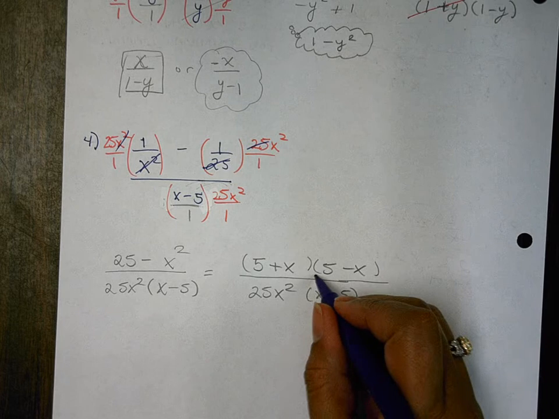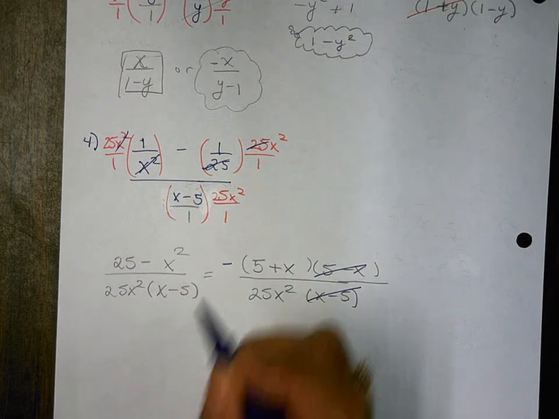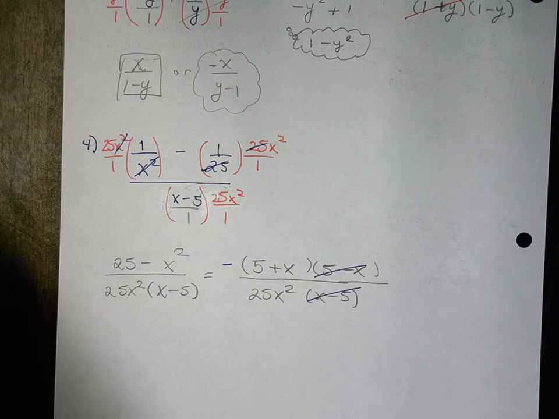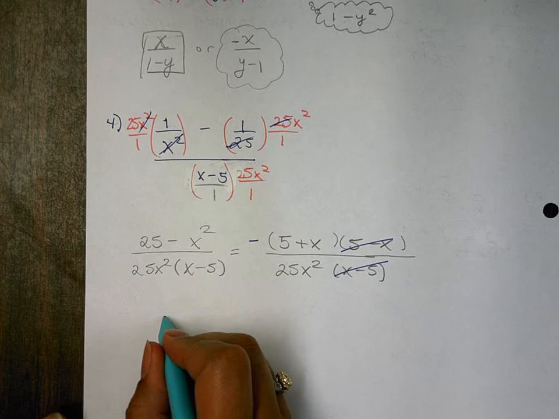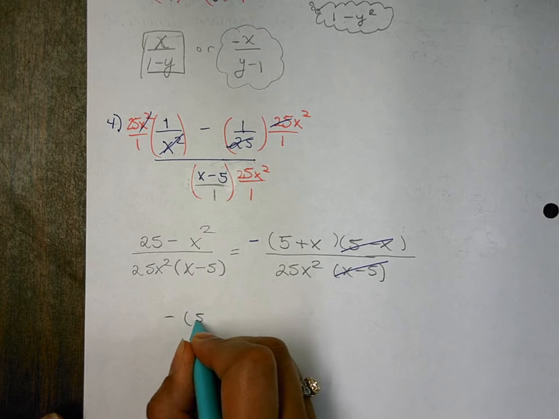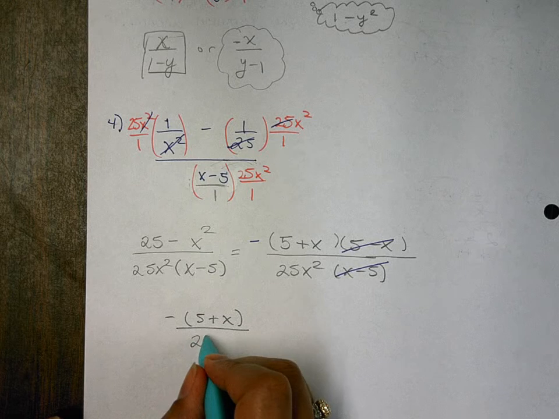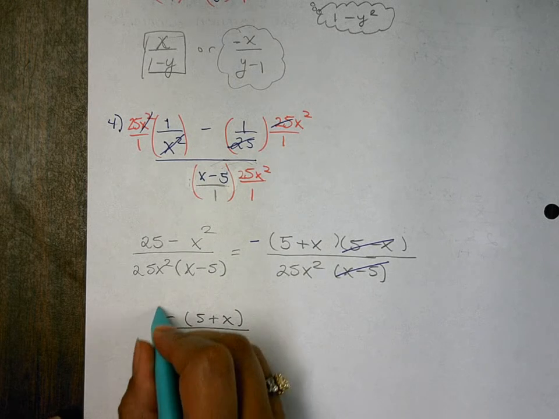So when I reduce, I pop the negative out front. I always put it out front at the top. Technically, it could be at the bottom if you wanted to. All right, so then that gives you negative 5 plus x over 25x squared.